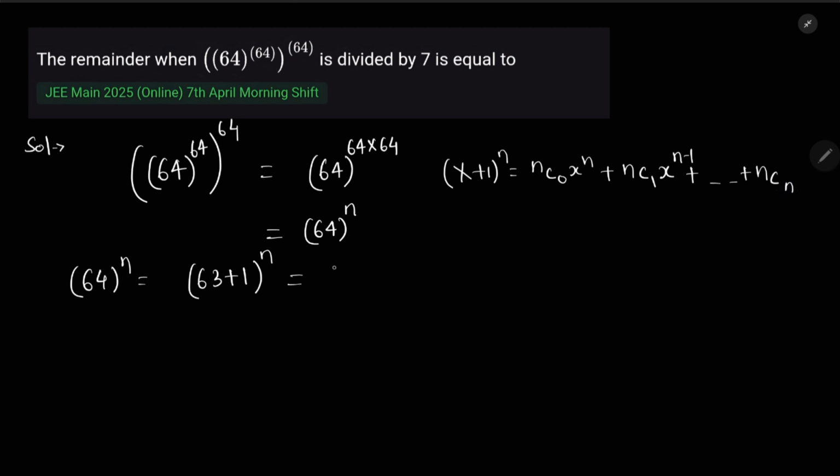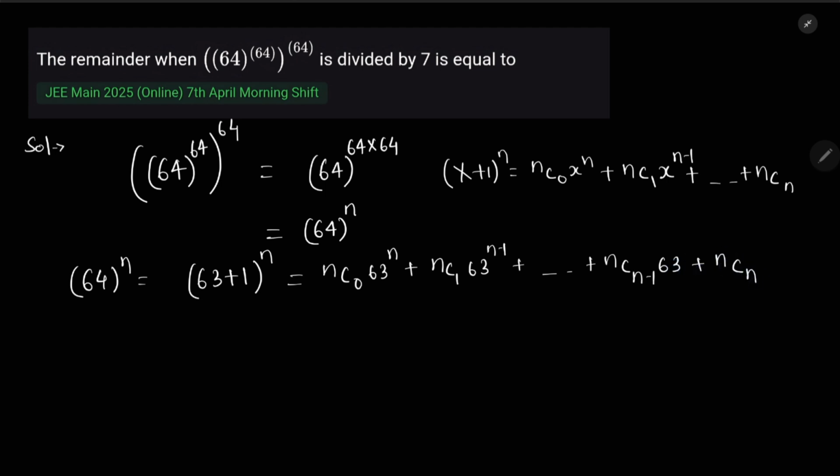So we can use this expansion here: nC0 63 to the power n plus nC1 63 to the power n minus 1 plus dot dot dot plus nC(n minus 1) 63 plus nCn.